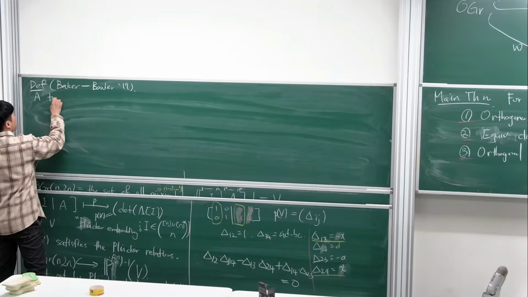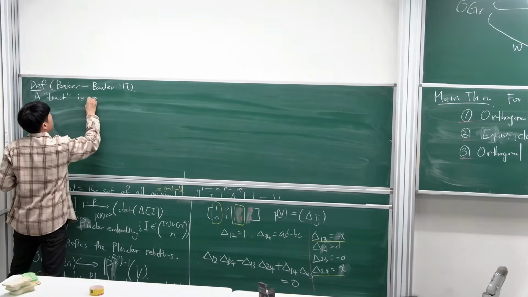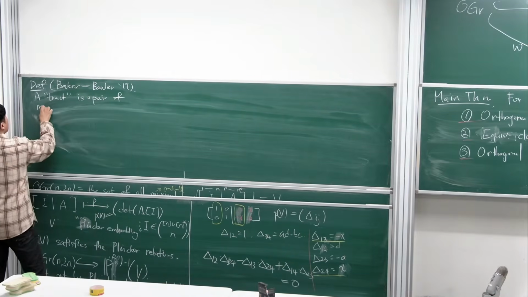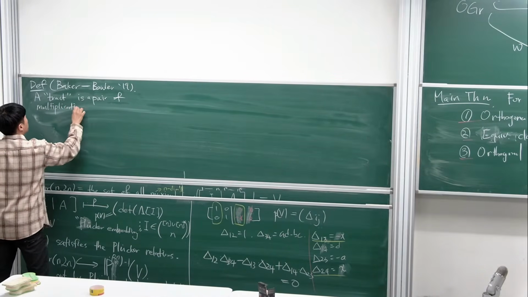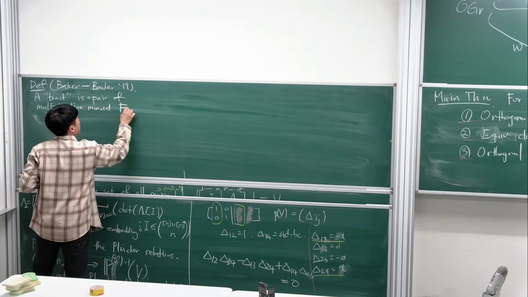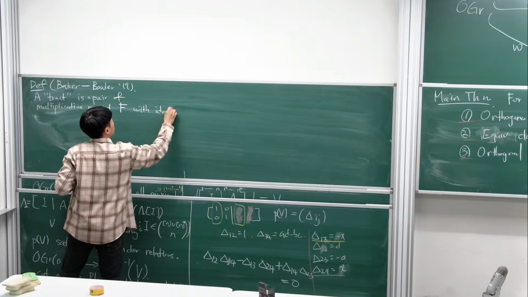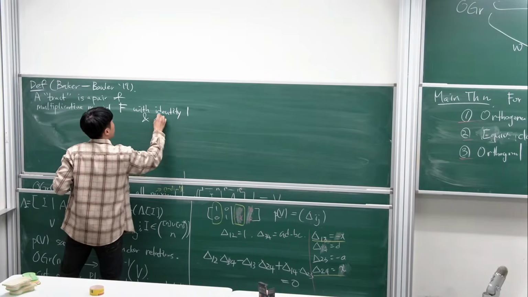A track is a pair of a multiplicative monoid, which has an identity element and some absorbing element.